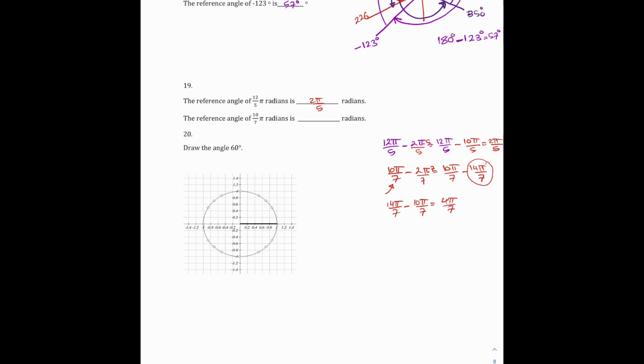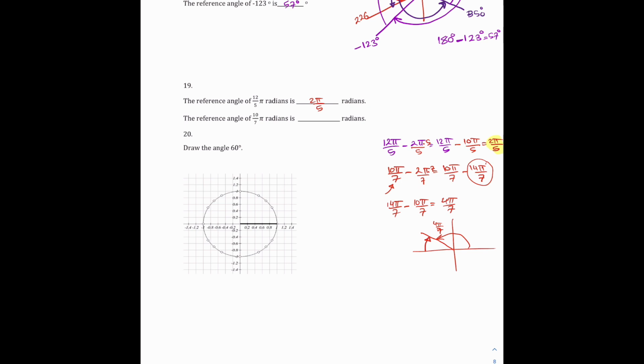Now, 4 pi over 7 is not an acute angle like the first one. The first one was an acute angle, so the reference angle is the same as the acute angle. Now 4 pi over 7 happens to be in the second quadrant. So to find the reference angle, we're going to find this much.